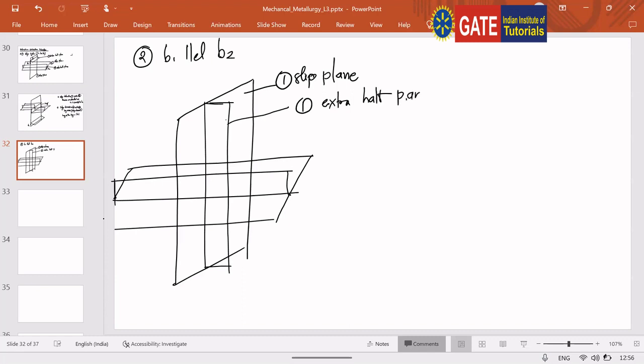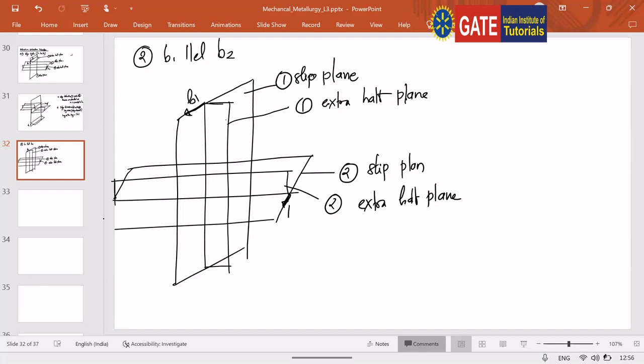In the same way, this is your second slip plane, and this is your second extra half plane. This is your Burgers vector B1, and let's say this is your Burgers vector B2. So now in this case, B1 is parallel to B2, you can clearly see.